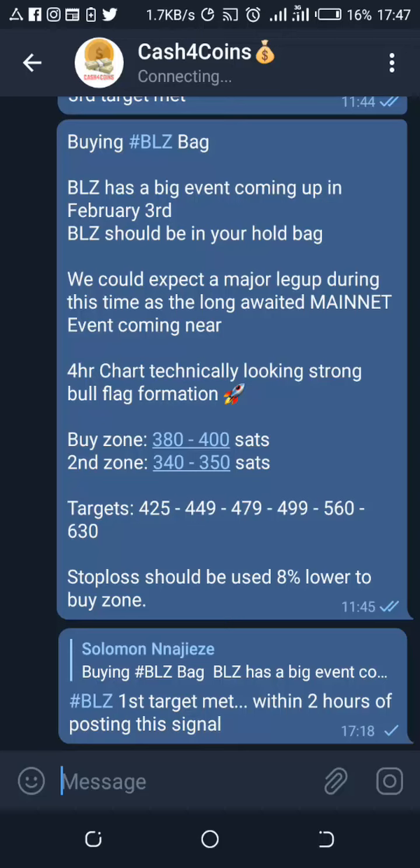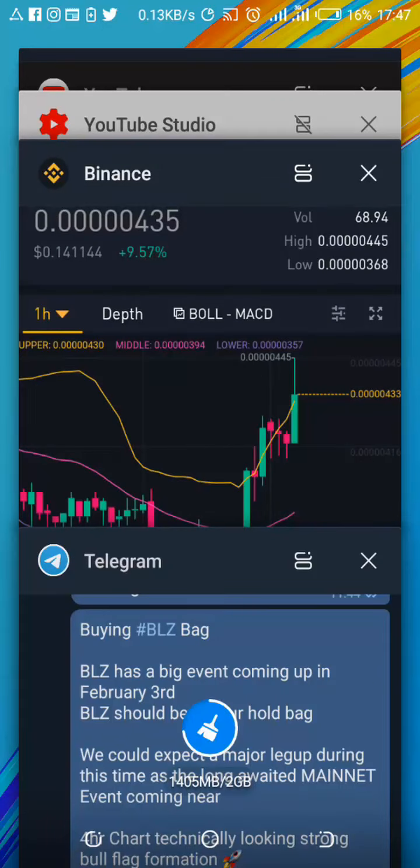We are going to secure that profit then and extend our next profit to the third target, right? So we are going to use the first target, which is 425, as our stop loss instead of the 8% which we used previously. So let's go back to cancel this trade.